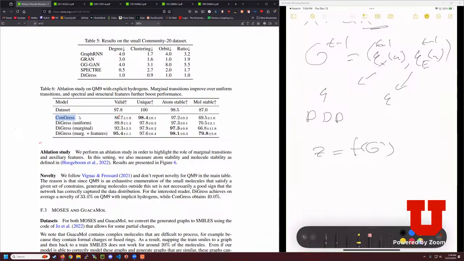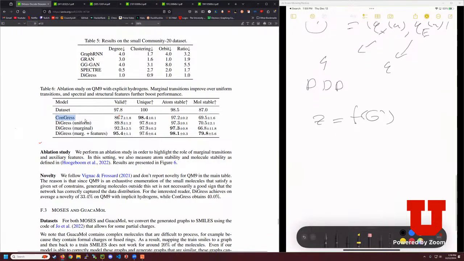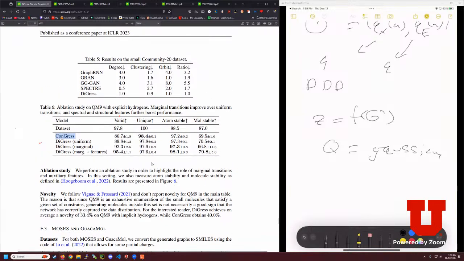Is DiGress also a graph generation diffusion model or not? Yeah, it's the exact same model. It's just that they've defined Q to be a Gaussian. But isn't Q the transition? Okay, you mean that each entry comes from a Gaussian?